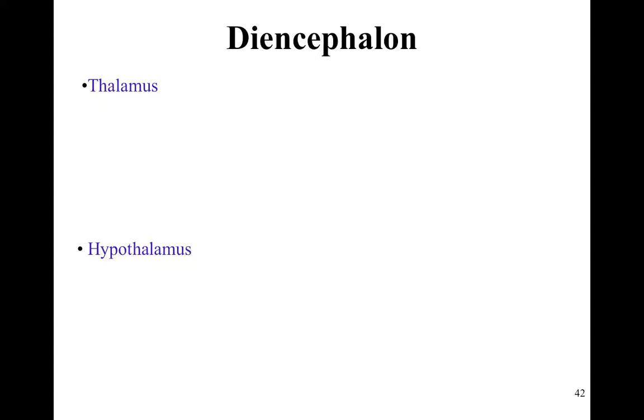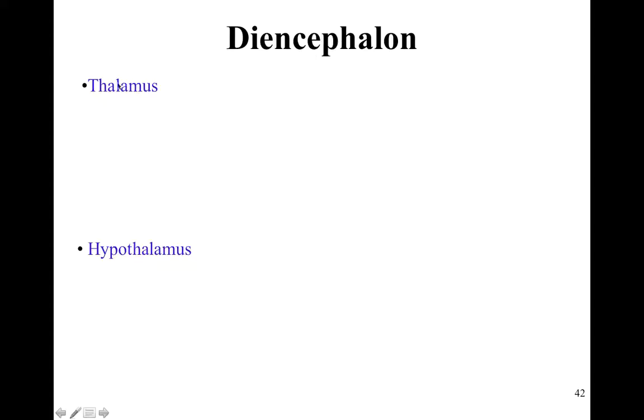All right, thalamus. The thalamus is kind of just a gateway. It's where all the sensory input heading to the cerebral cortex goes through. All the sensory input except for smell will go through here.